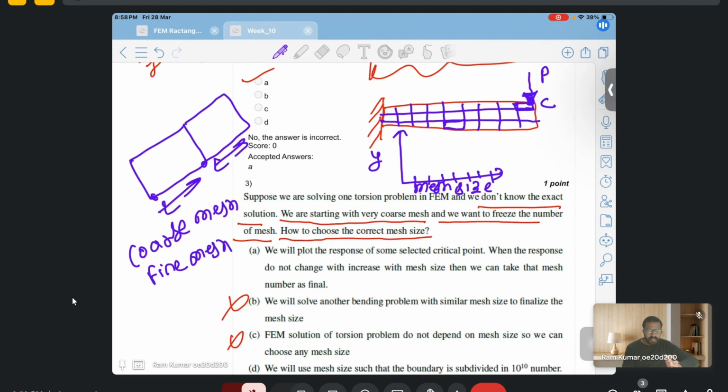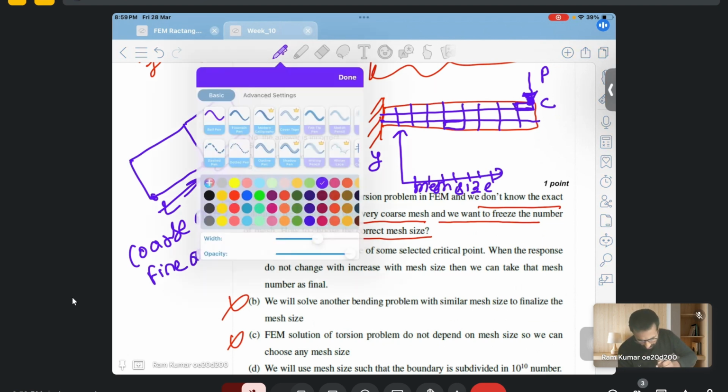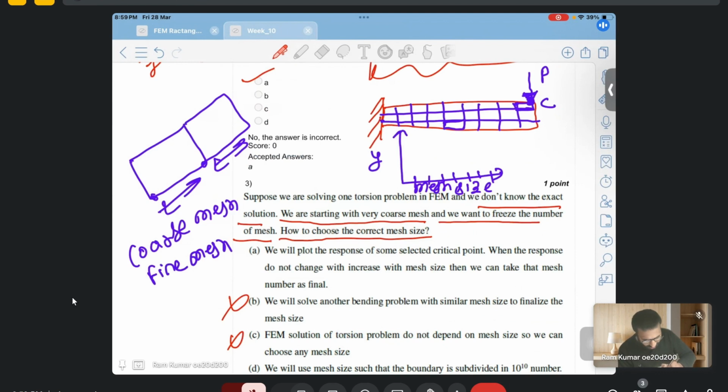We call that a convergence study. For different mesh sizes, for example five, four, three, two, one, I plot the response. I start with the first mesh size and get some response value at this point.